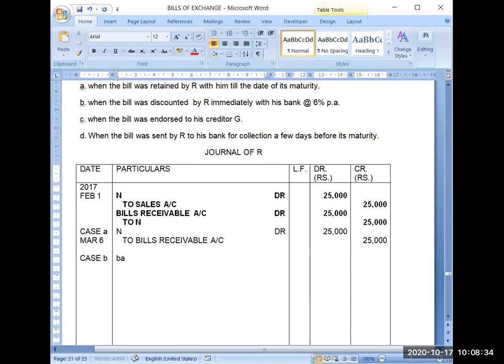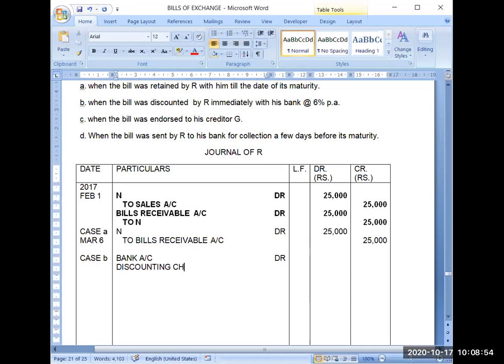So he will get the money, bank account debit. We will see how much money he will receive. Some discounting charges will be there.